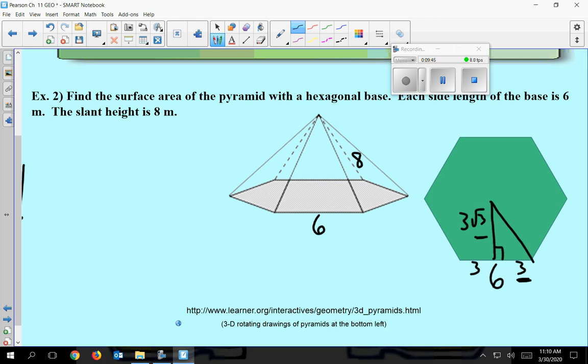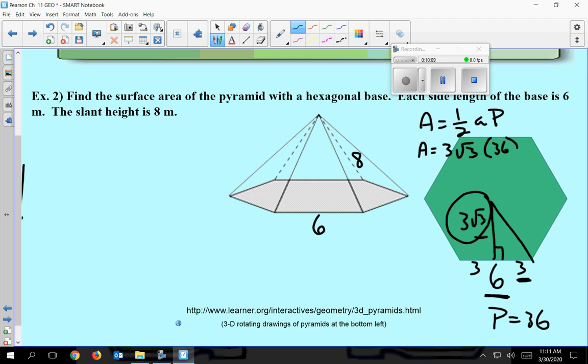Remember then, the area is 1/2 the apothem times the perimeter. Well, I need the perimeter, so I'm going to take this side 6 and multiply it by 6. I'm going to get a perimeter of 36, and I have the apothem. So plug that in, 3 square root of 3 times the perimeter, which was 36, and I'm going to divide it by 2.